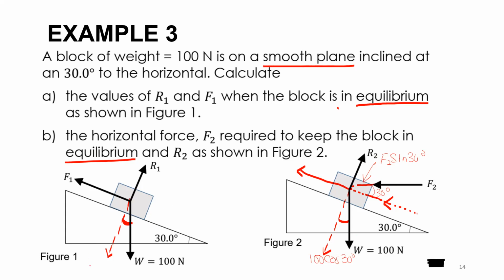Over here, your R is just going to be 100 cos 30 degrees, right? Cos 30 degrees, okay, so you have 86, that's it.